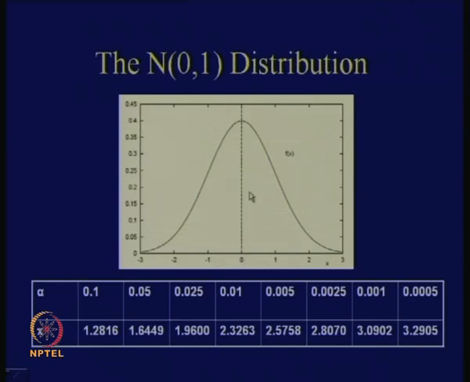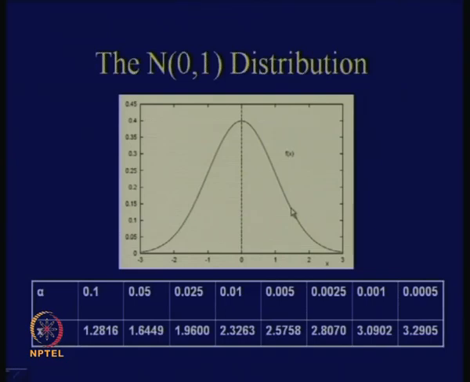So suppose I say that they should not be more than 1.6449. That means that for 5% of the cases, a good value which is still following the normal distribution is actually discarded by this test.